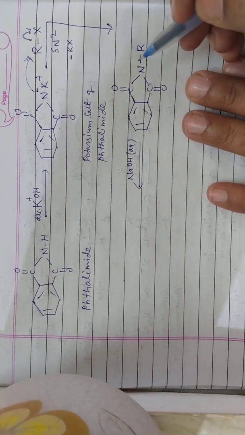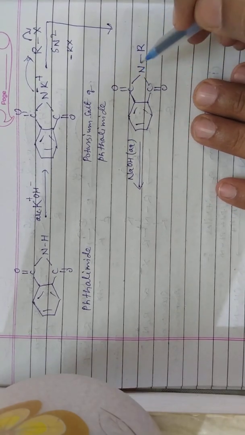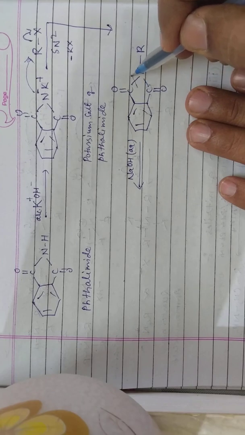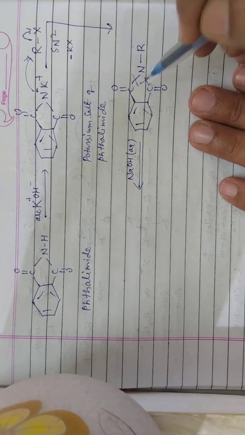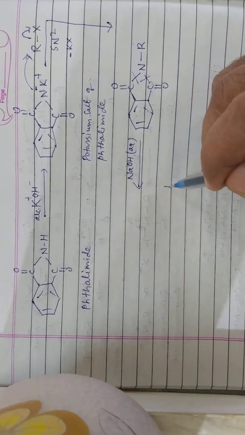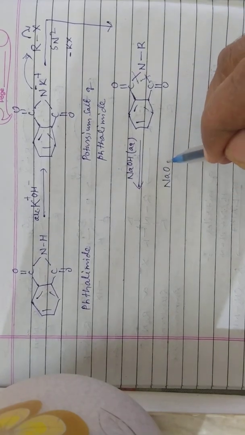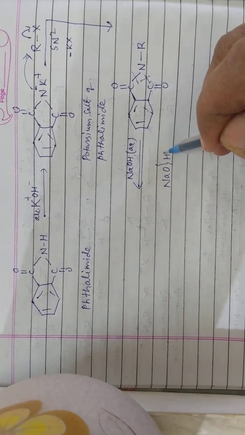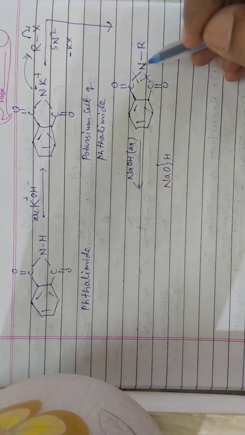So hydrolysis will take place at this carbon-nitrogen bond, and hydrogen, here Na, you can see NaOH, this H will join with nitrogen.